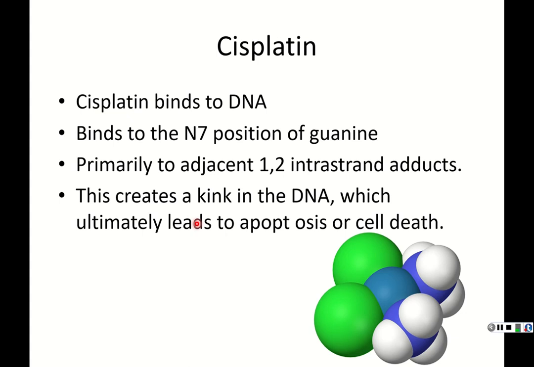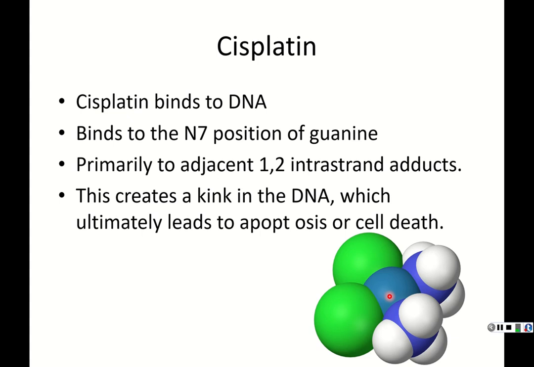You might think that doesn't sound good, but where this is really effective is in cells that are dividing rapidly. If you put this in, it mucks up the DNA and creates kinks in the DNA. We have machinery in the cells that tries to repair damaged DNA, and it'll come to this kink, and it won't be able to repair that.